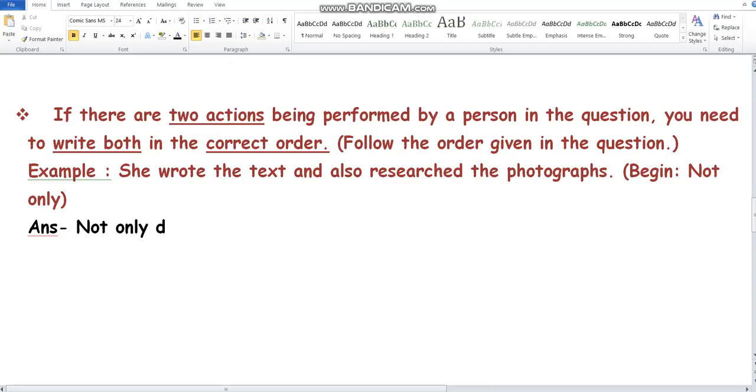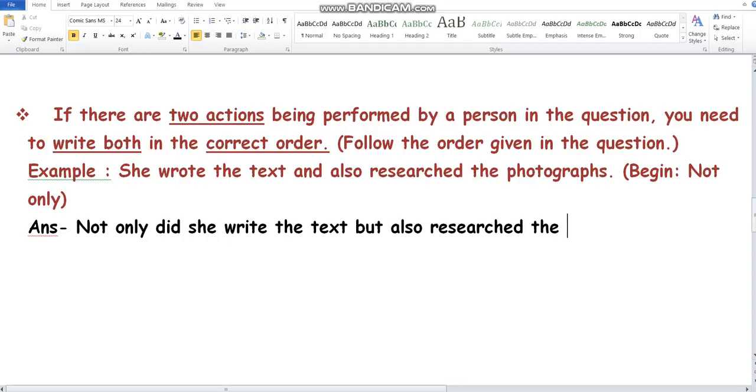Not only did she write the text, but also researched the photographs.